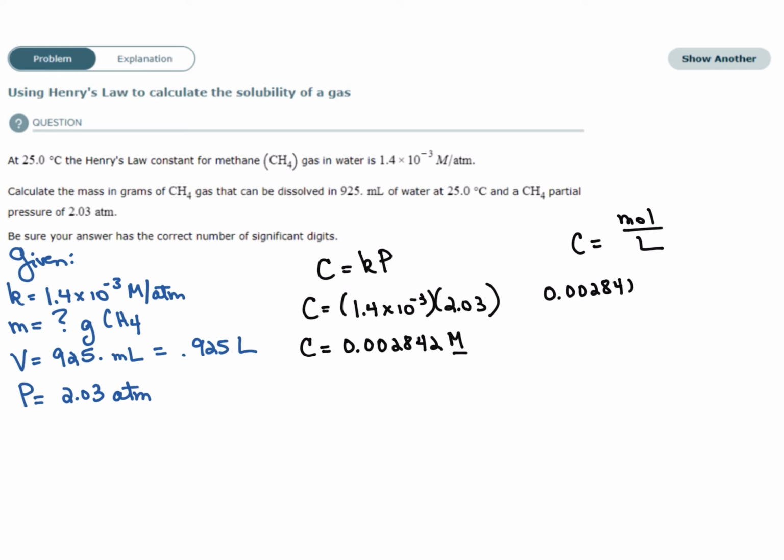I can solve for moles of gas. Don't forget to use the liter and not the milliliter. And I don't shave off my numbers. I don't round until the very last step, so I don't lose anything. Okay, I've got my gas in moles, but I need to convert this to grams.